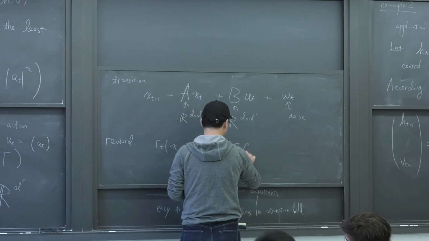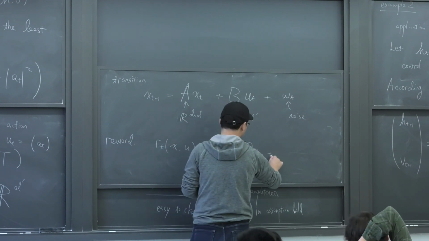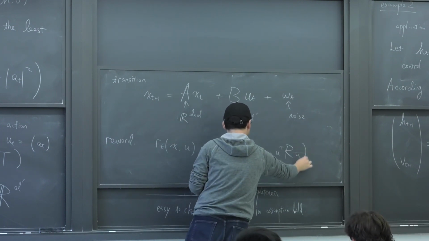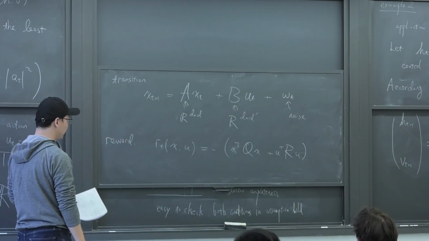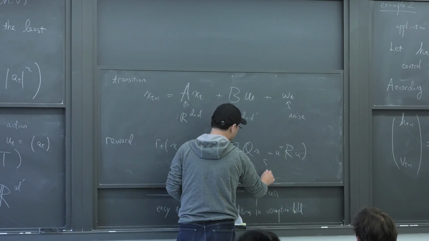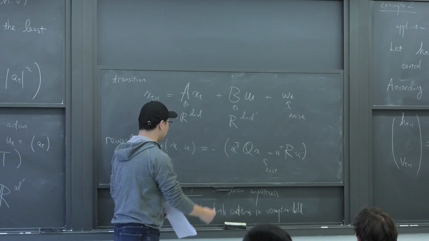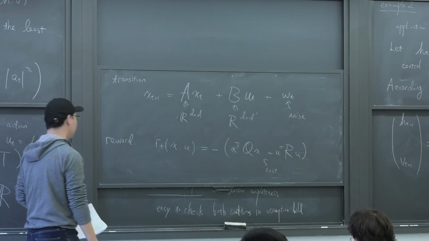So this is x transpose Qx plus u transpose Ru. This is essentially the cost within the bracket. So negative cost is the reward. We will use the MDP language, so it's called reward.